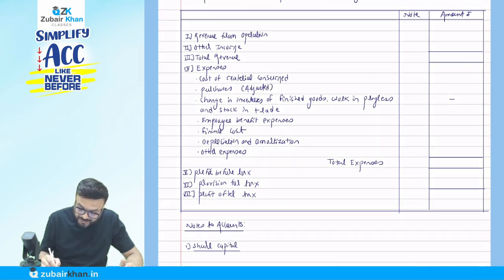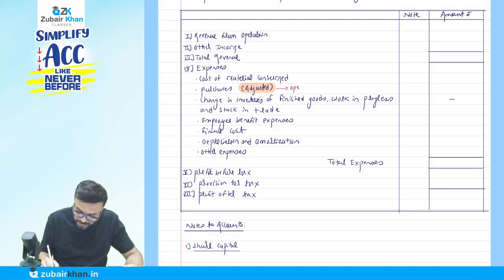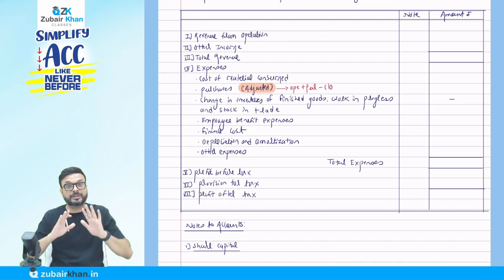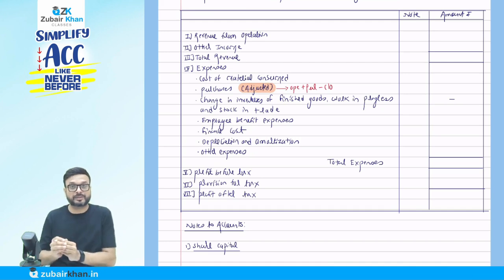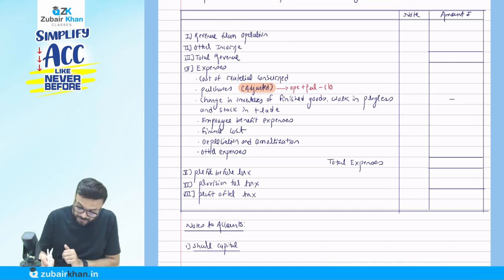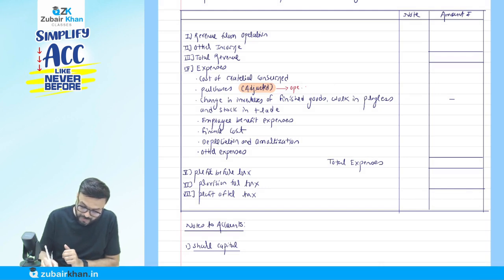What do we mean by adjusted? Adjusted purchase means opening stock plus purchase minus closing stock. Don't just write opening, otherwise you might get confused later; write opening stock.